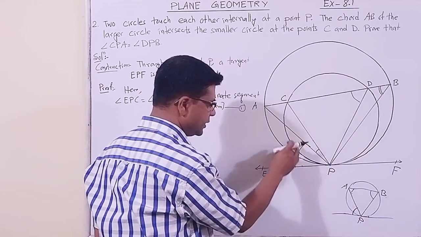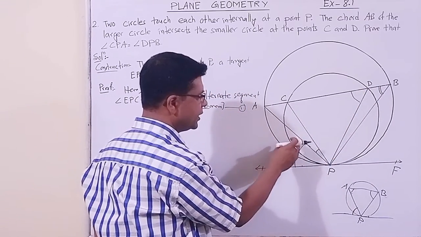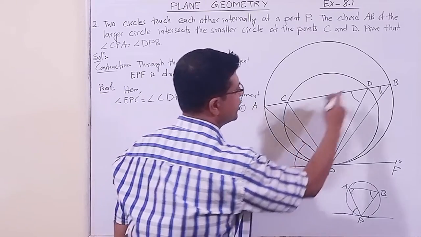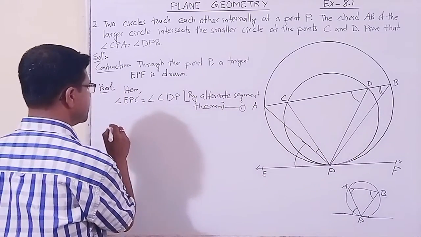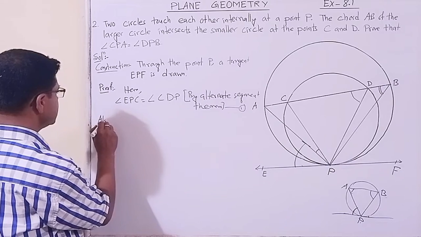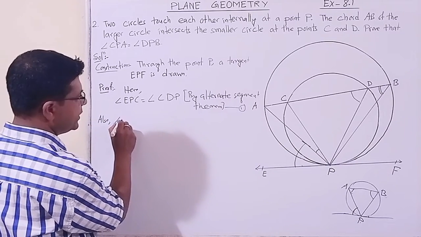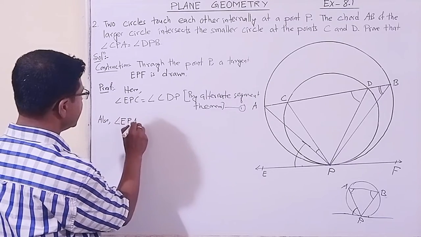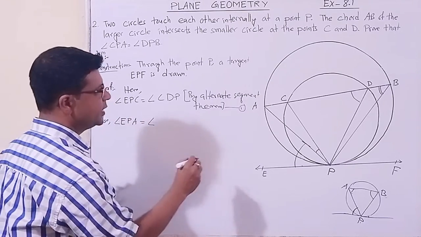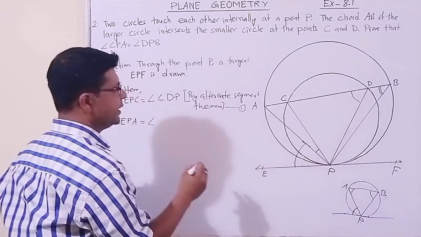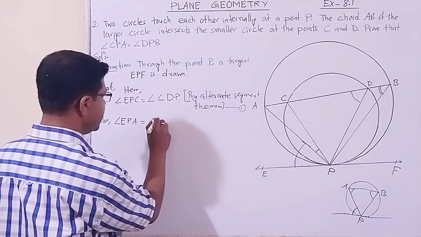For this chord, this is the adjacent segment, that is the opposite segment. Also angle EPA equals angle ABP.